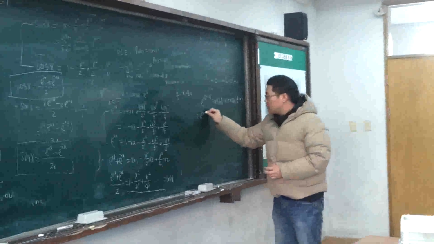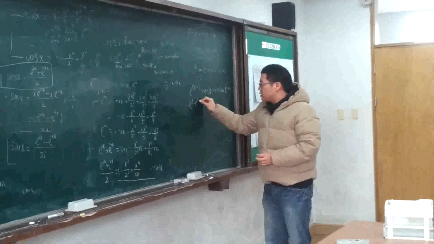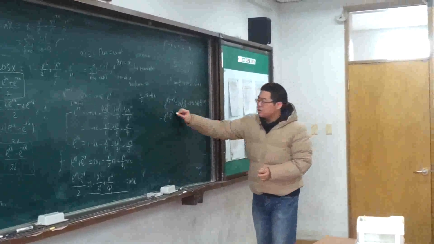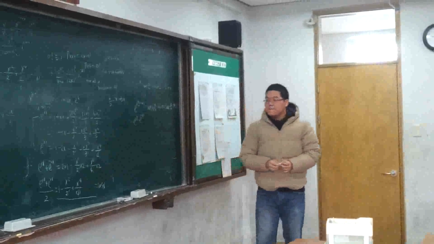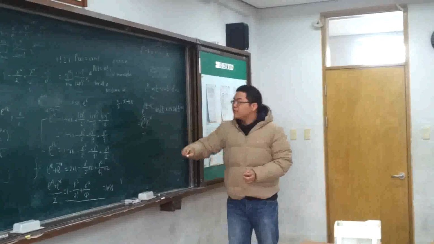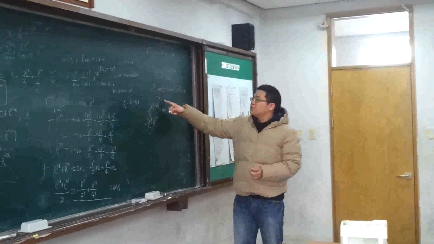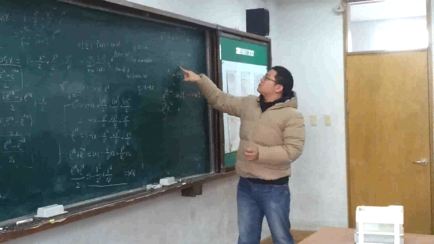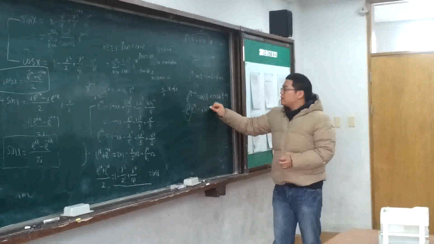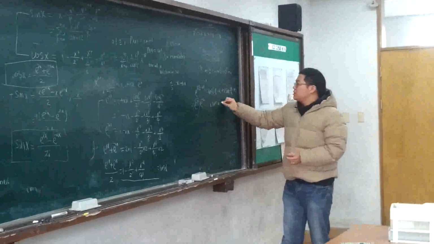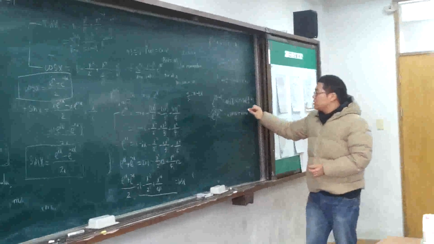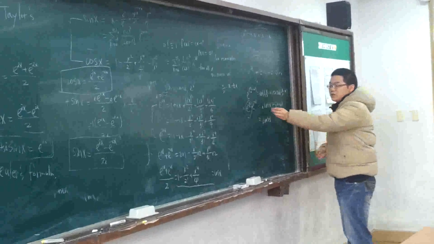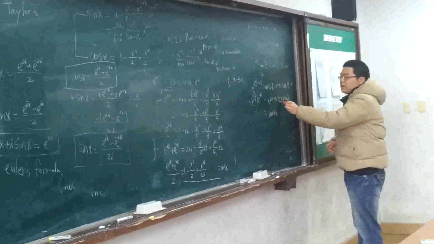This equals i times (cos x minus i sin x), so it equals i cosine x, and what is i times minus i?